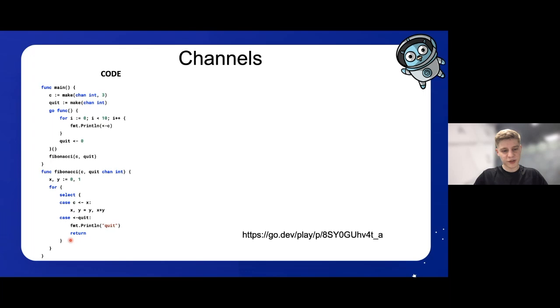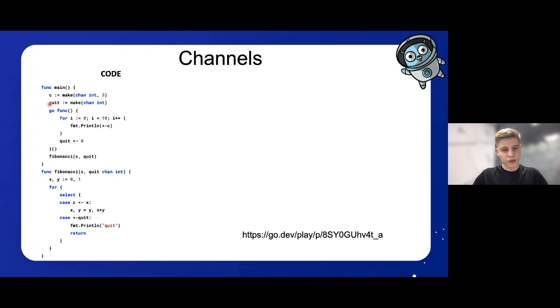And here we use the select statement as well, which works as a switch case, which you already know. It allows us to manage our channels. So in case we receive the value from this channel, as we send here, then we do the Fibonacci calculation.